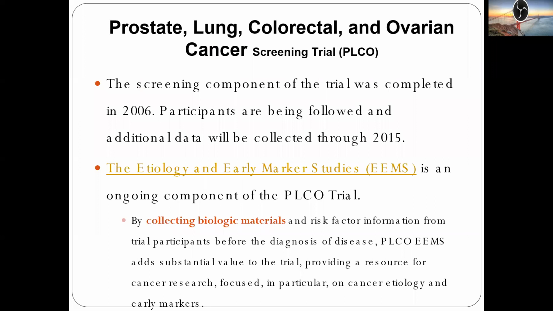They enrolled the patients and followed them. Even in 2015 they were still continuing to evaluate what's happening to these patients. They collected biologic materials and are regularly following the patients.